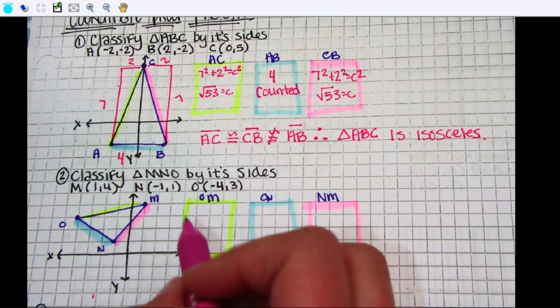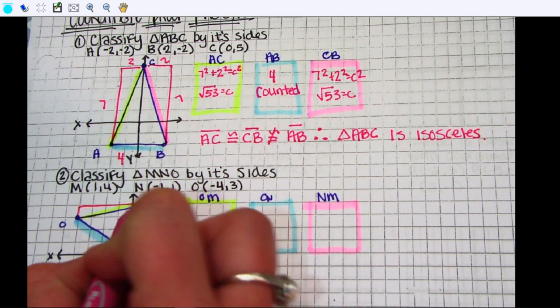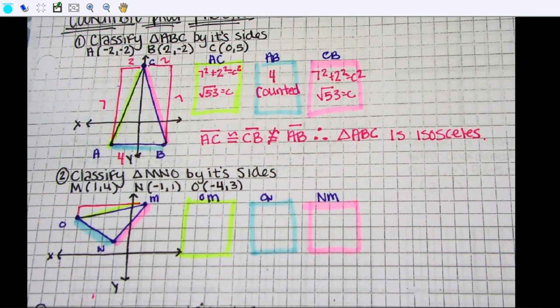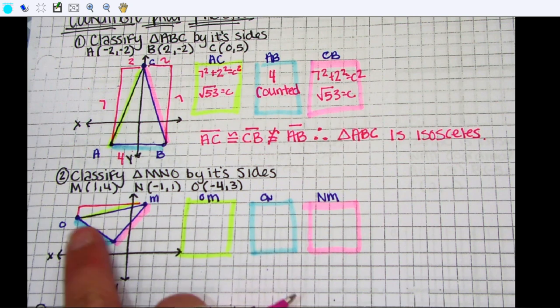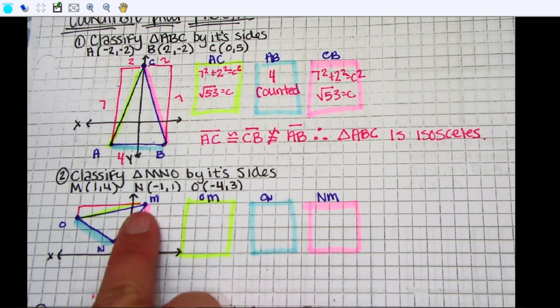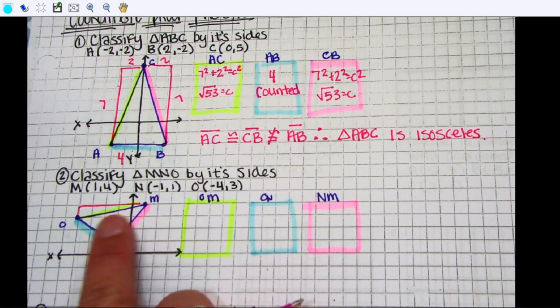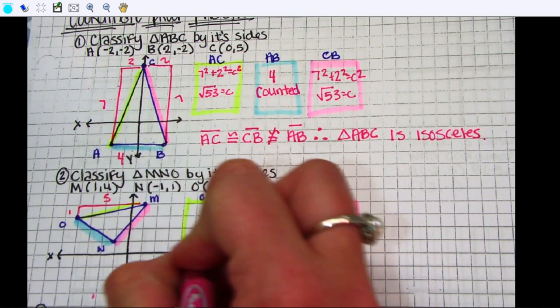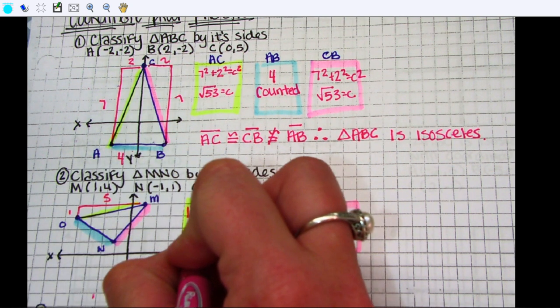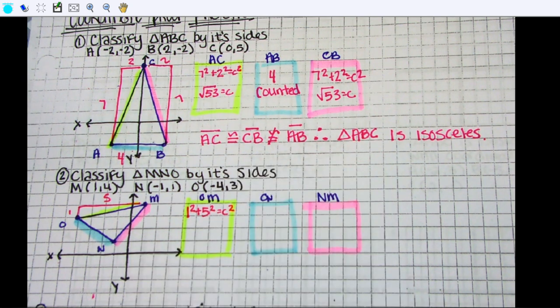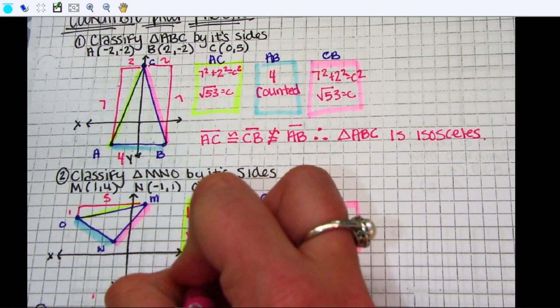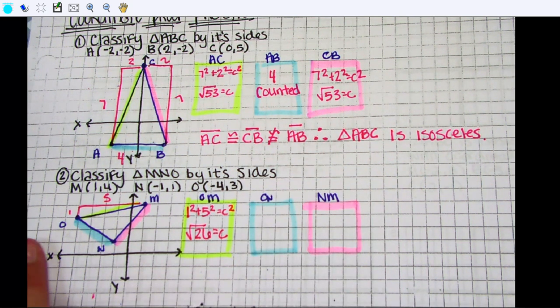So OM. What were our triangle measurements on OM? OM or MO, depending on how you named it. 1 and 5. So when you did 1 squared plus 5 squared equals C squared, square root of 26. What about ON?